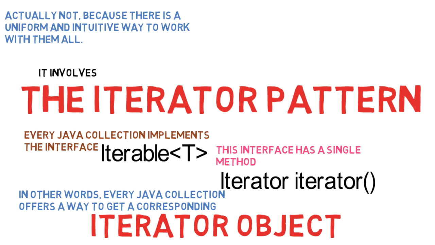I'll leave you with the last important line. Every Java collection gives you an iterator, and you work with that iterator, which means you work with every collection in exactly the same way.